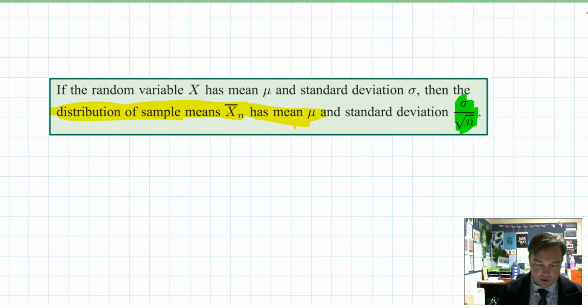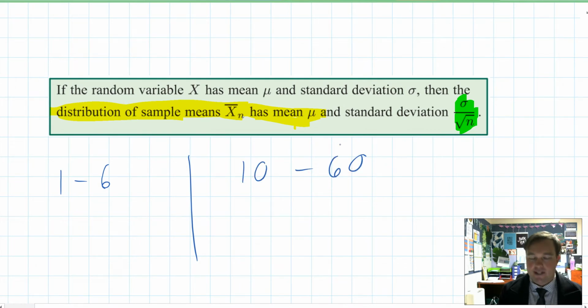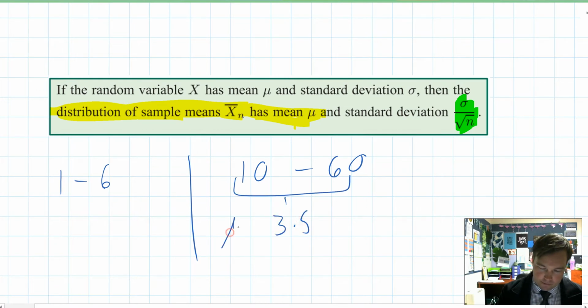If we just roll one dice, we get values from 1 to 6. If I roll 10 dice, then I get values from 10 to 60. But let's say I roll 10 dice, and what this is asking me to find is the mean of those 10 dice. The mean of these 10 dice will be 3.5.